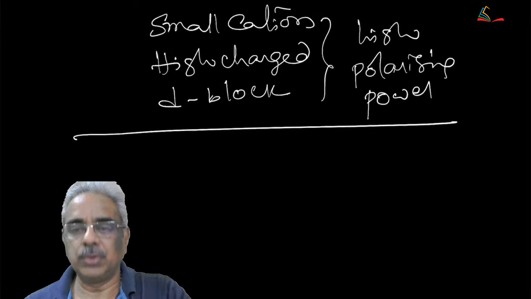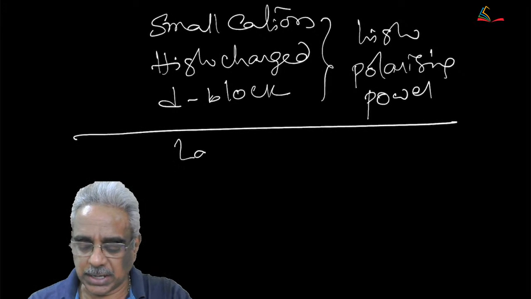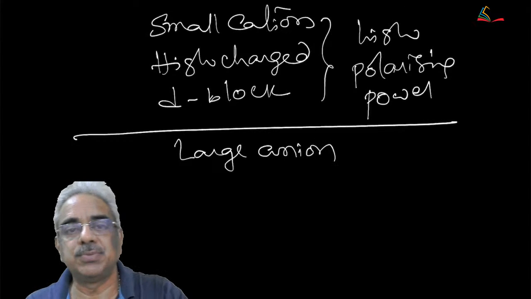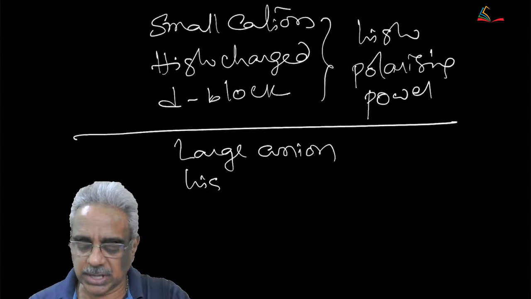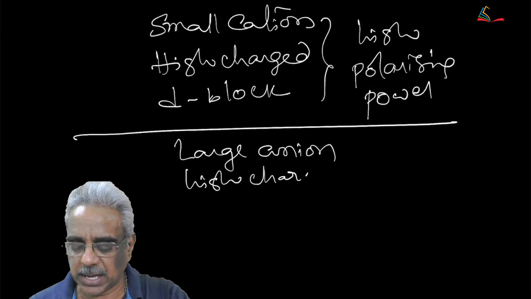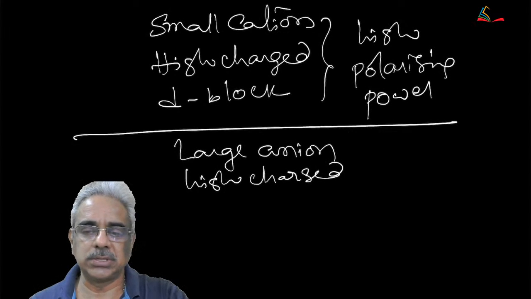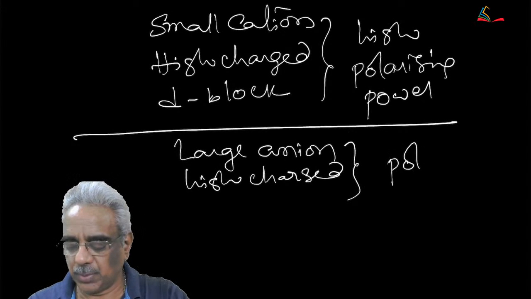Similarly, if you can think of anions, what happens? Large anions, because large anion means nucleus will be very much buried inside. So large anion and high charged anion. What do you mean by high charged anion? You have added more electrons to the anion. High charged anions are highly polarizable.